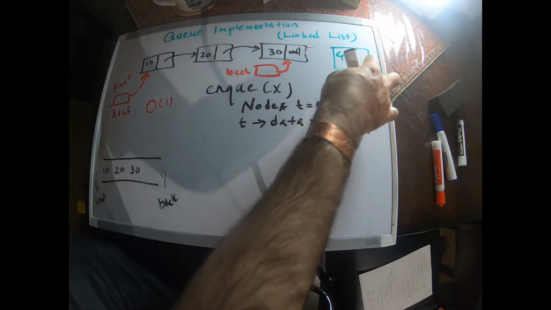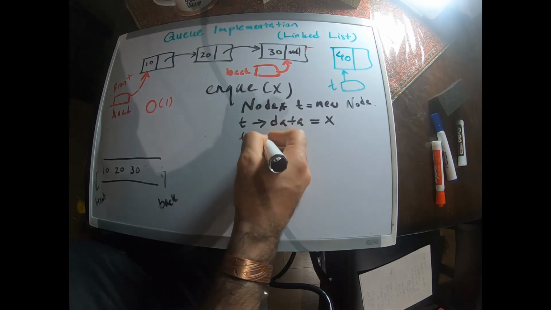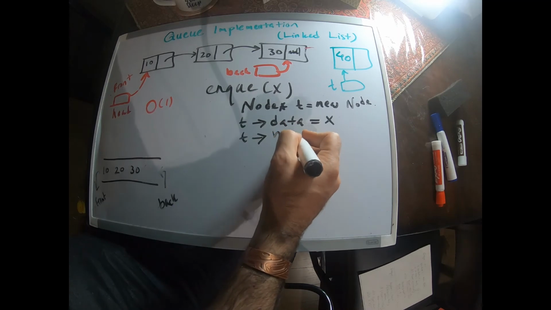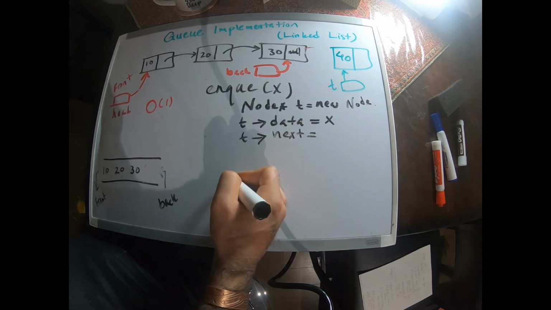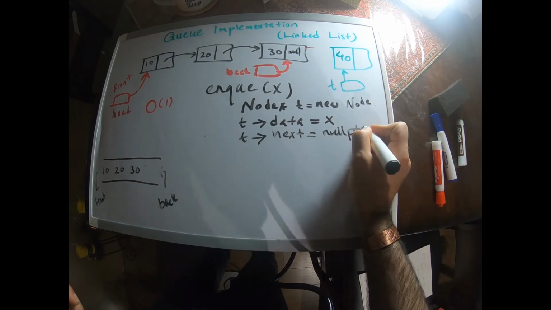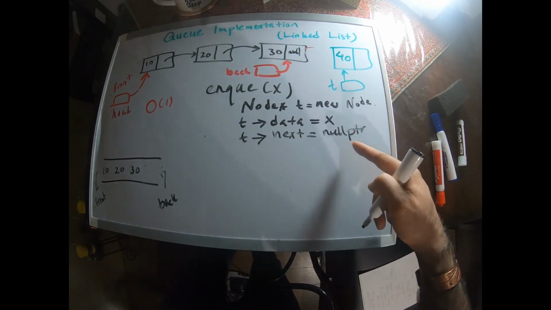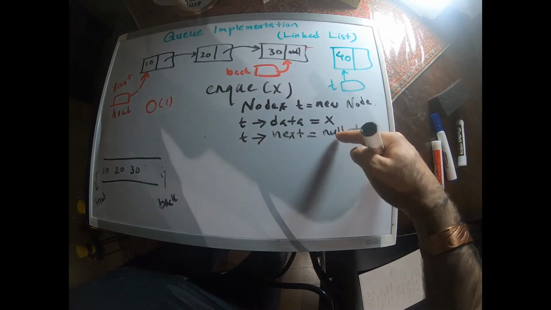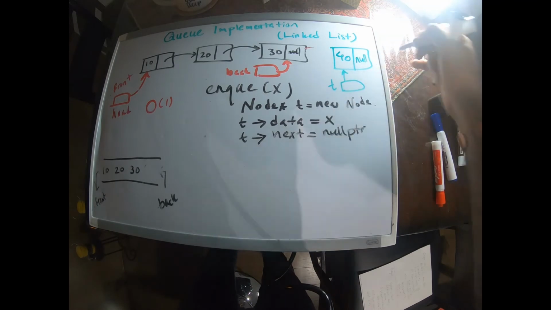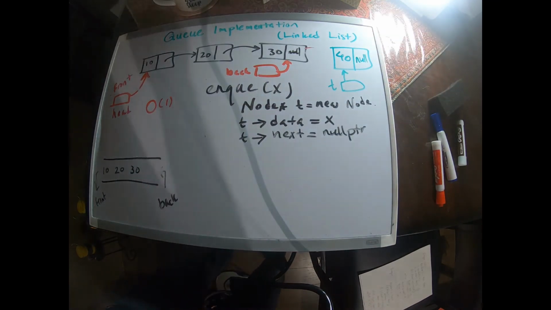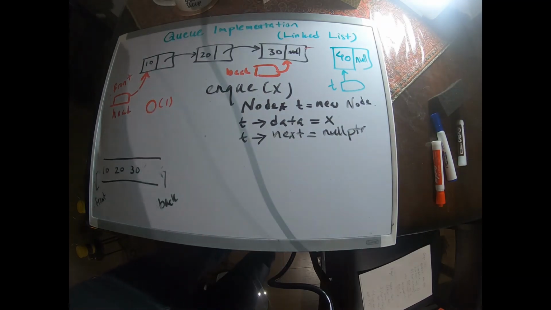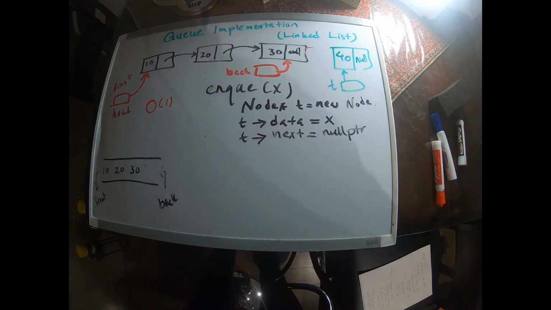And the pointer part of the node, t arrow next, let's initialize it with a null pointer. Null pointer or null, almost the same; null pointer is better because that's specific to pointers. So this is going to be null, because now this is going to be the tail of the linked list. That's why we initialize the pointer part to null.